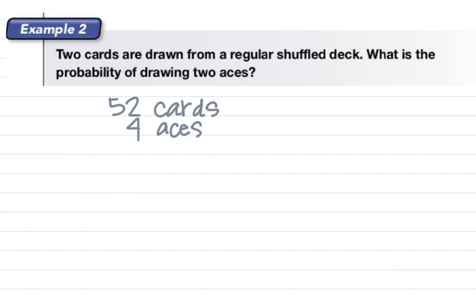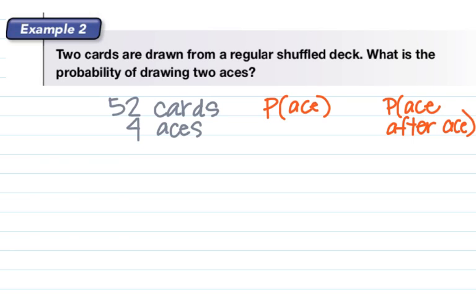So they want to know if 2 cards are drawn, what is the probability of drawing 2 aces? Remember, we're going to set our problem up with the probability of an ace, and then the probability of an ace after an ace.